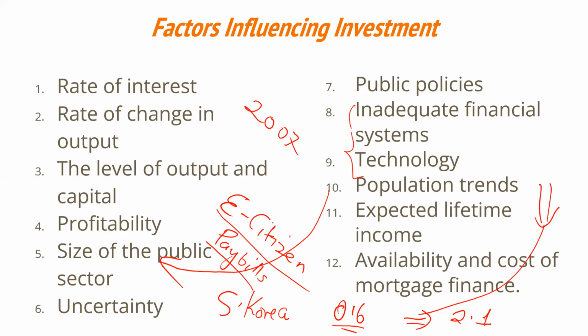So this is a population whereby now you replace the man and the woman in the economy. So at 2.1, the population will remain the same, right?